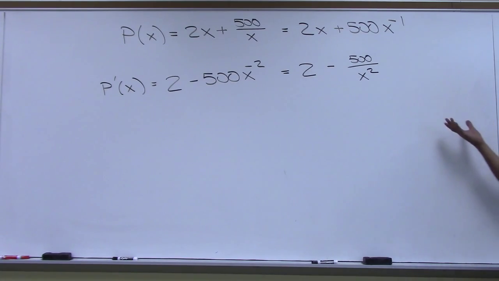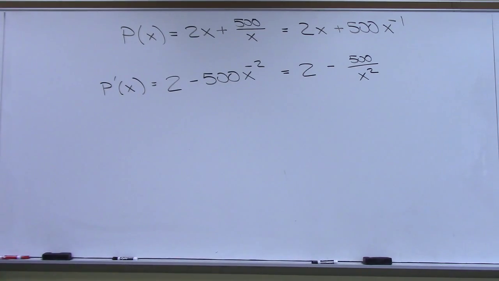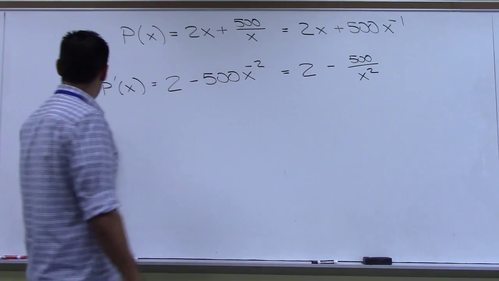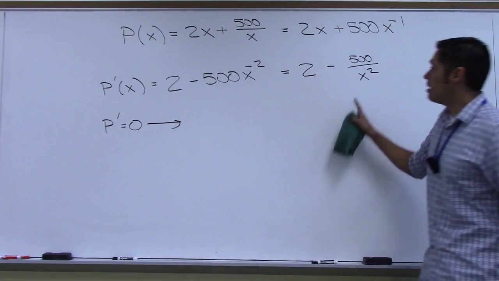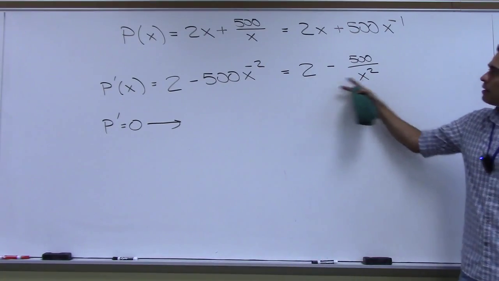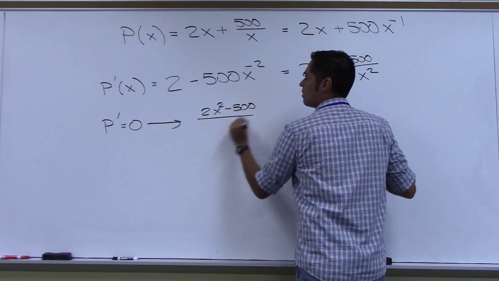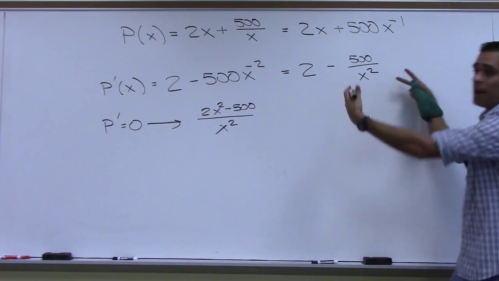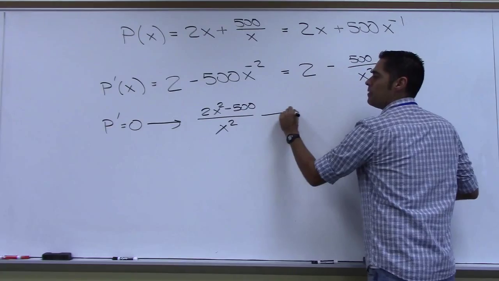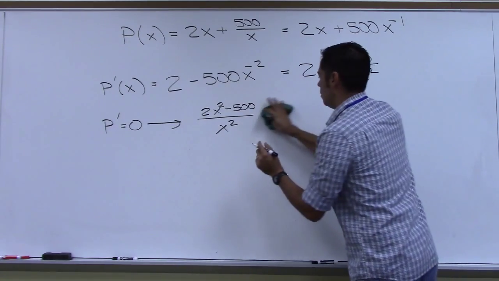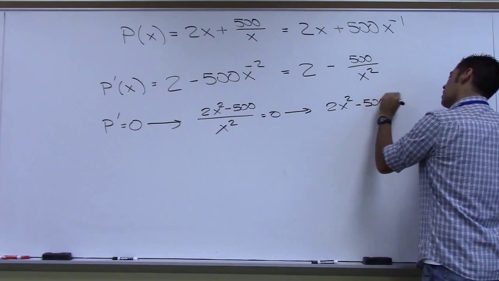And what we like to do with that is now figure out where that was 0, right? And where it's undefined? Okay, so let me first try, where's that derivative 0? Well, I'm going to need a common denominator, aren't I? So get a common denominator between these two. It'll become 2x squared minus 500 over x squared. Right, that's what happens when I put those two together. And then really all I have to do is set the top of that equal to 0. 2x squared minus 500 equals 0.